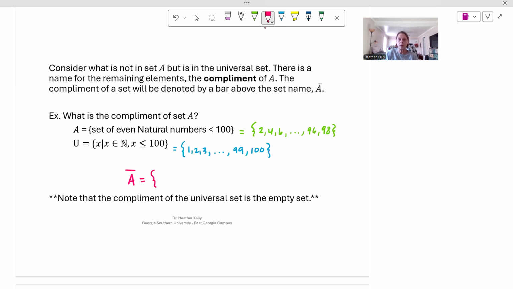Well, it looks like it's going to be all the odd numbers, right? Whatever's not in A is going to be left in A complement. So one, three. Do you think four? No. Five? Yes. Let's go to the other end of the continuum. Is 97 in here? Yes. 98? No. 99? Yes. 100? No. But 100 is a yes because we're looking at the complement.